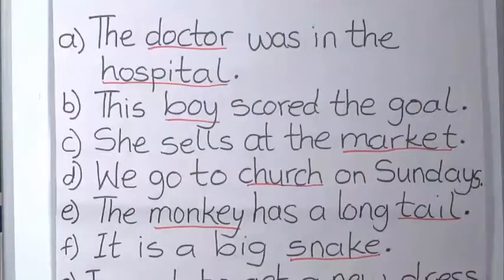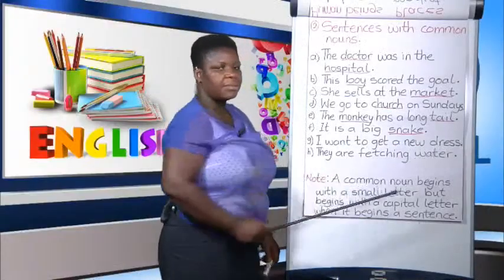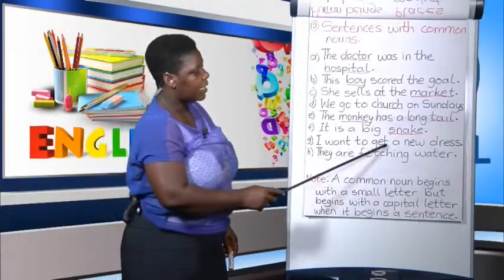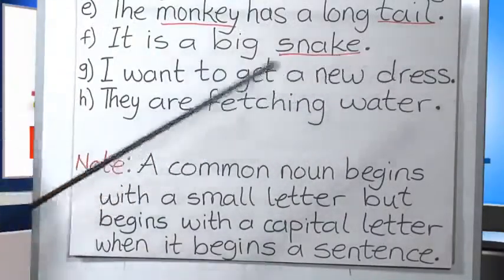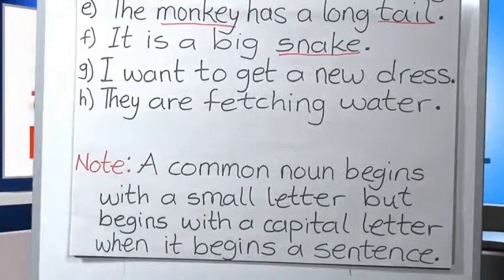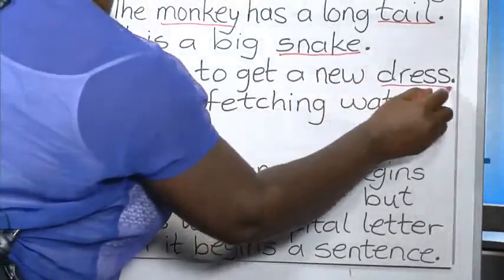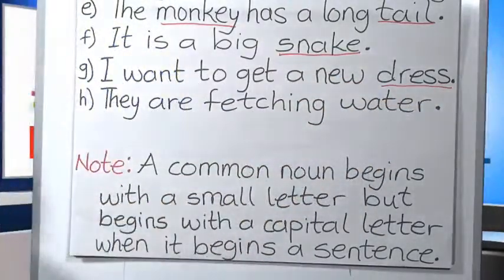I want to get a new dress. And the common noun in this sentence is dress, which is a name of a thing.